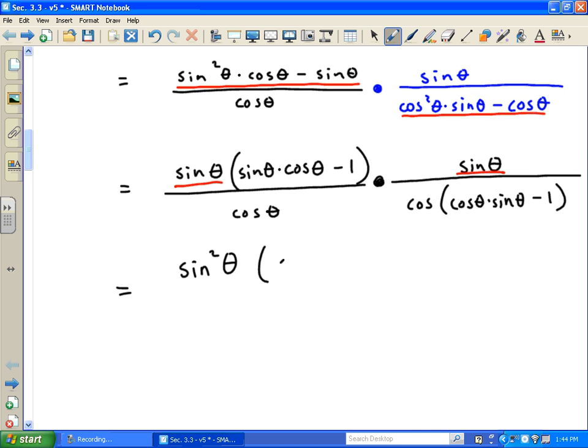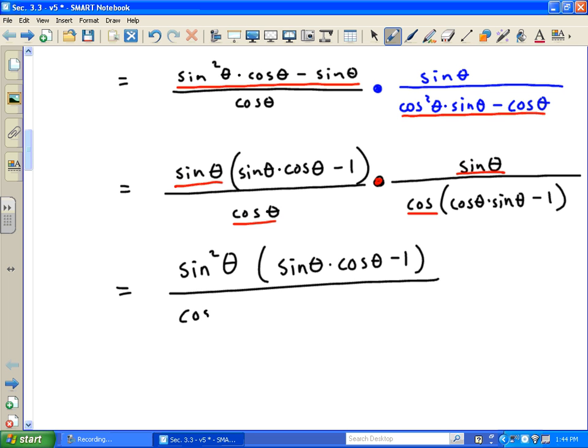I will leave what I have in parentheses, sine of theta, cosine of theta minus 1. I can do something similar in the denominator. I have two cosines, they're being multiplied, and so that would be cosine squared of theta. The next term, in parentheses, you see a cosine multiplied by a sine.